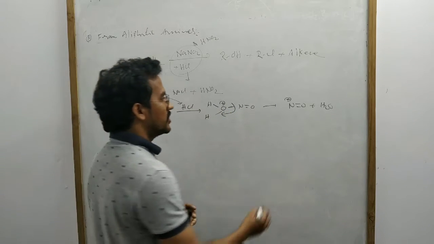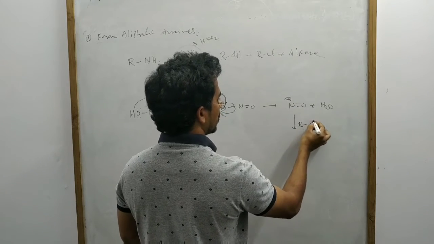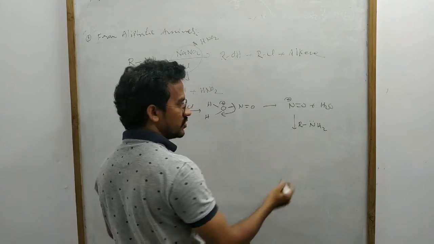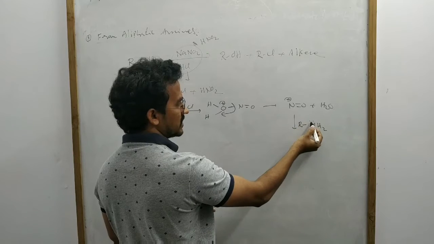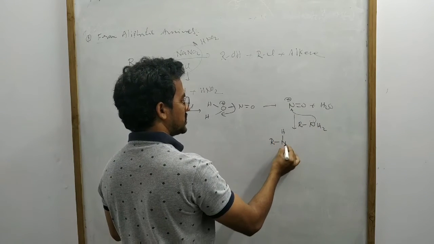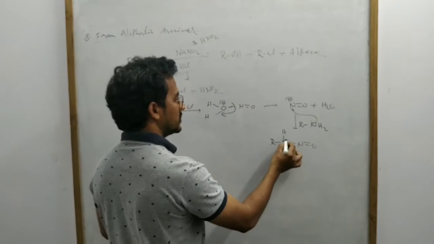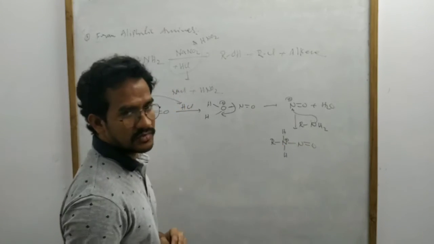So that is the electrophile. Now this electrophile is attacked by RNH2, which is a nucleophile because of more alkyl electron density. Bond formation gives R, N, H, H attached to N double bond O, carrying a positive charge.